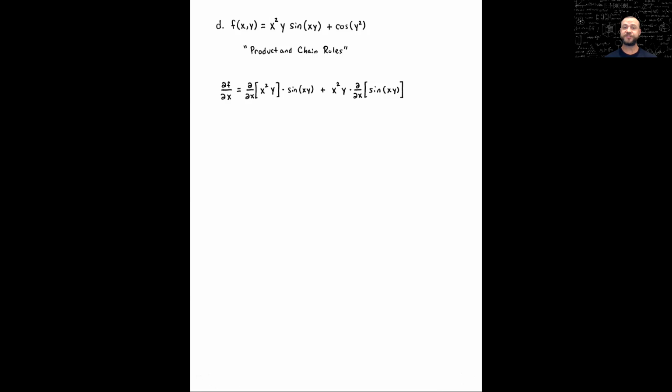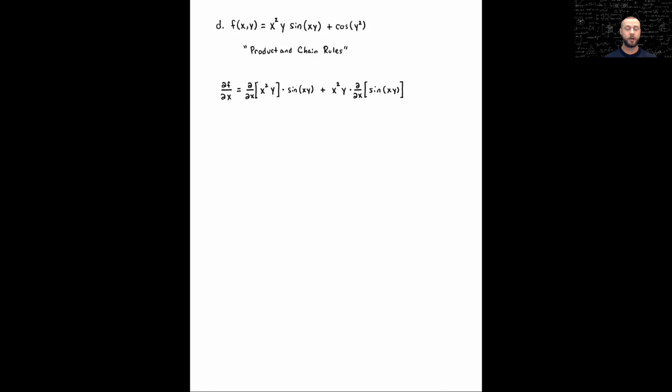All right, so let's just conceptually work out the product rule first. We'll start with the partial derivative with respect to x. So we're going to differentiate the first function, or factor, x squared y, with respect to x. We then multiply by the second function, sine of xy. And then we add to that the first function, x squared y, but now times the x partial derivative of sine of xy.